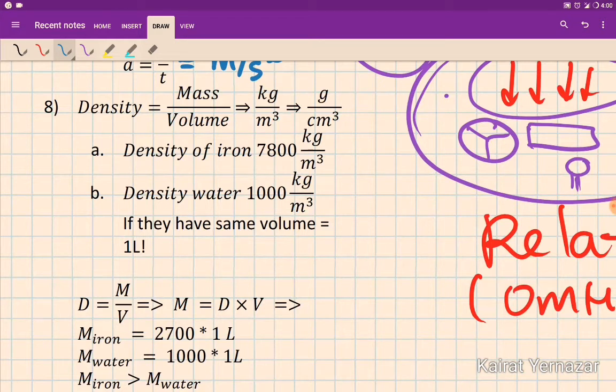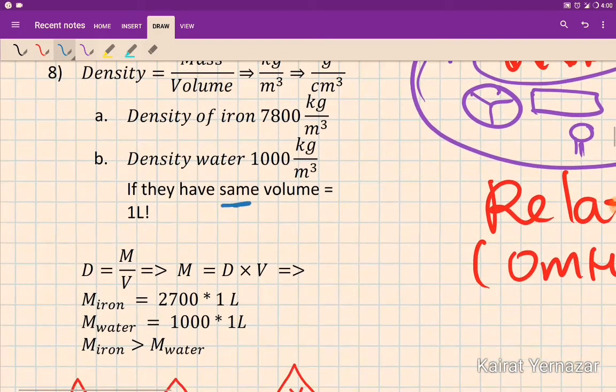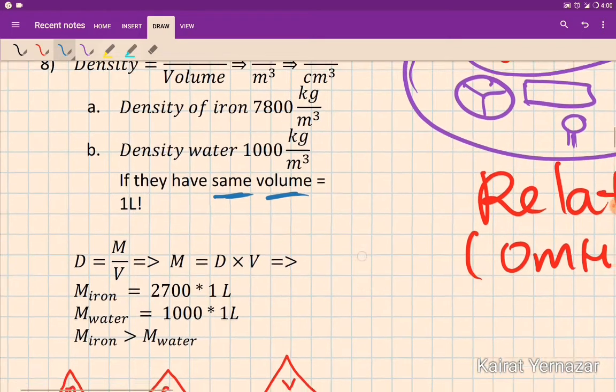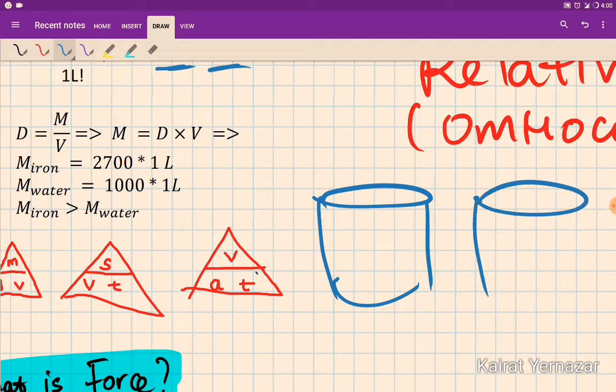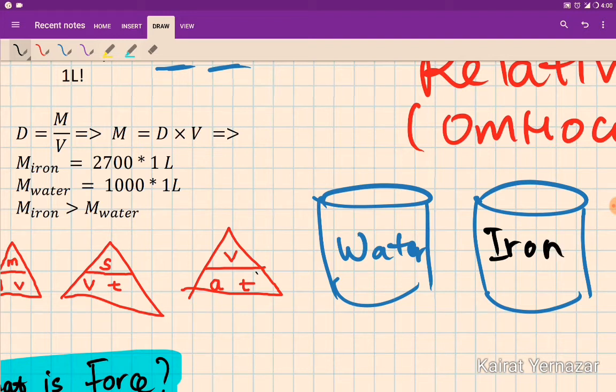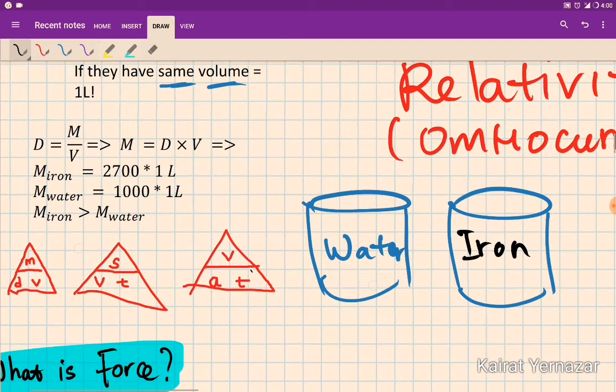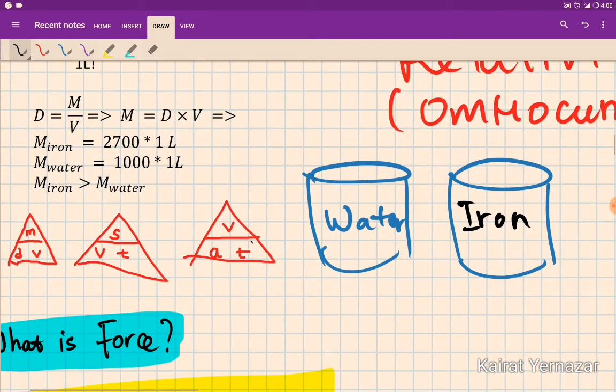So if they have the same volume, like if we put equal amounts of iron and equal amounts of water, then if they are both 1 liter, then water will have mass.